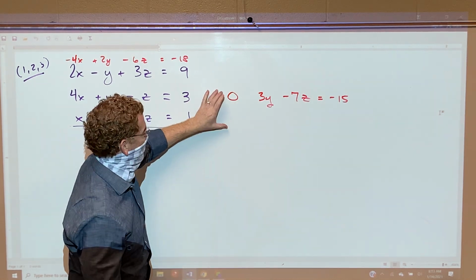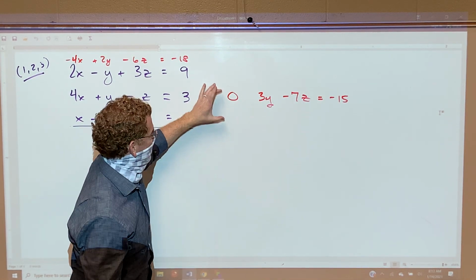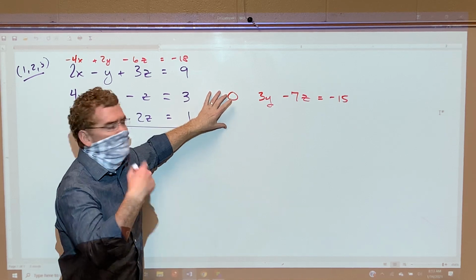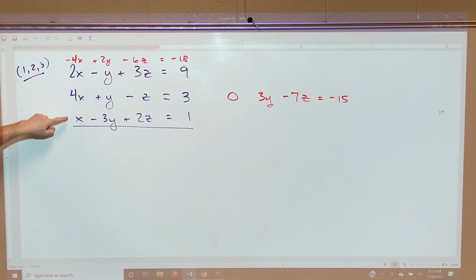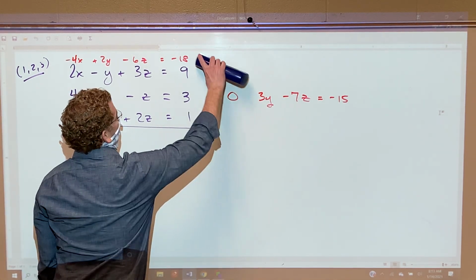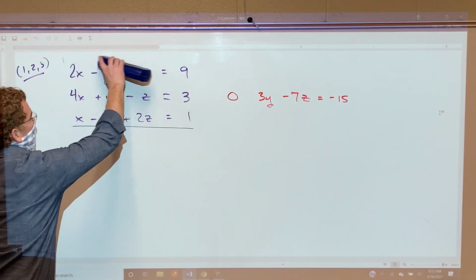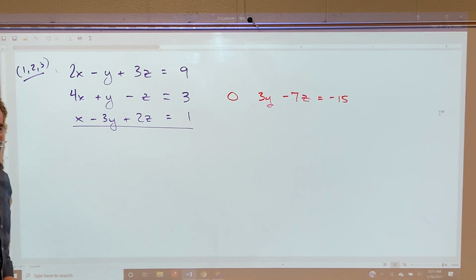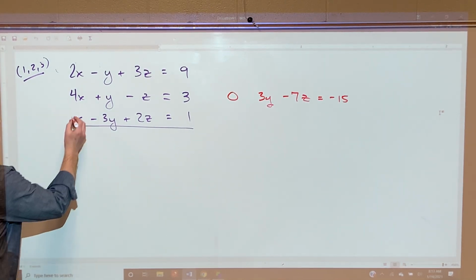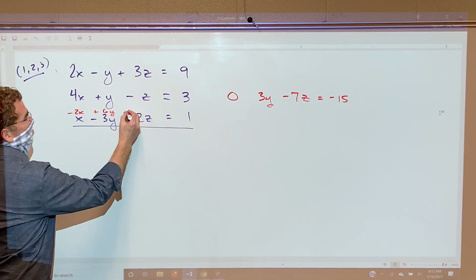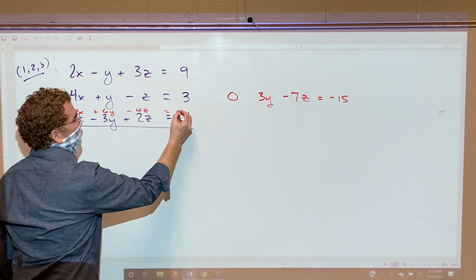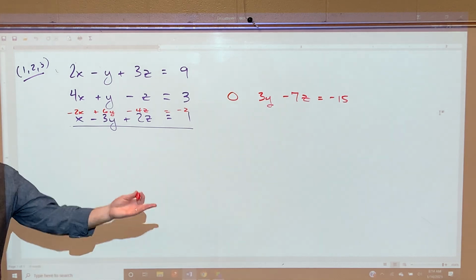So my first step, my first process, I'm going to get zeros here. And then my second process, I'll add the 0 there. So I'm going to say, well, in this case, I would rather this be a -2 to combine it with that +2. So I don't need that red equation anymore, right? So I'm going to multiply this by -2, -2x, +6y, -4z, -2, because that's algebra, I'm always allowed to do that.